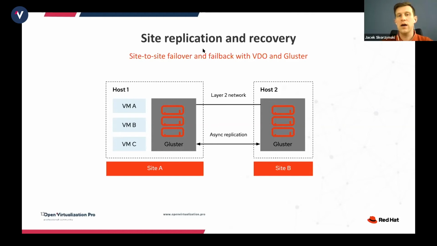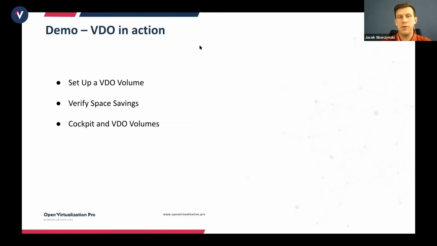That's why even async replication between both sides is not so expensive. You can save the bandwidth and do it much more often, which would maybe not be the case if you didn't have VDO implemented.